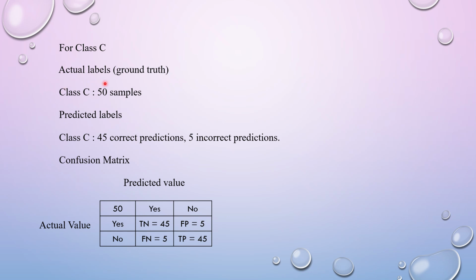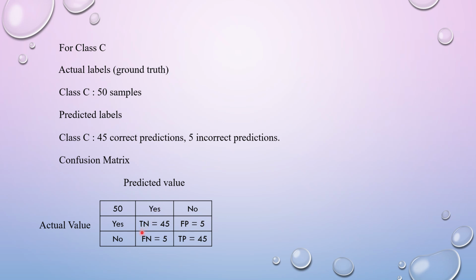The actual labels given here are 50 samples. Total is 50 samples. These are the actual labels, actual values. Predicted labels: 45 correct predictions and 5 incorrect predictions. So we put true negative, false positive, false negative and true positive values in this table.